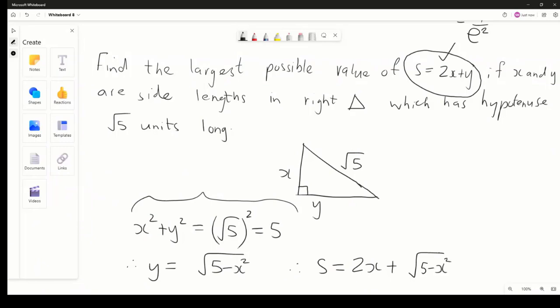Remember, I need to find the largest possible value for this if x and y are the side lengths in a right triangle which has hypotenuse square root of 5 units long, okay? Right.